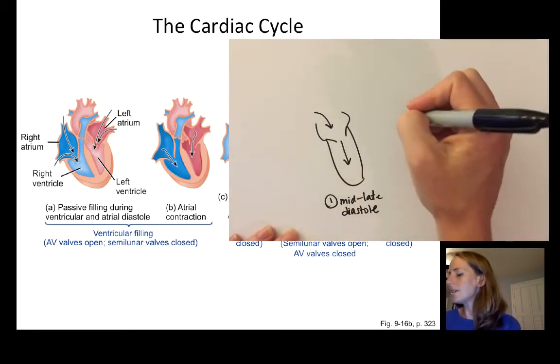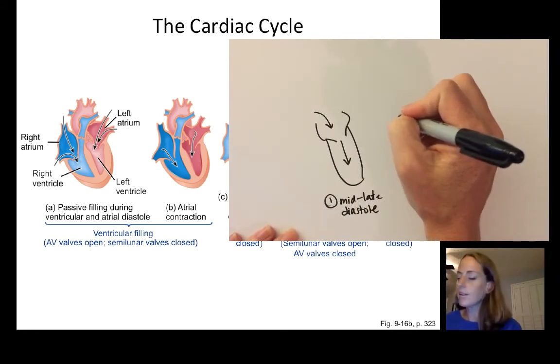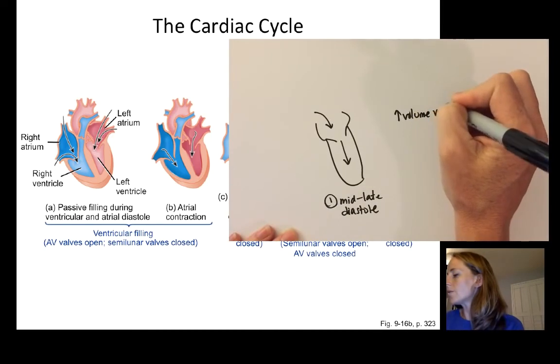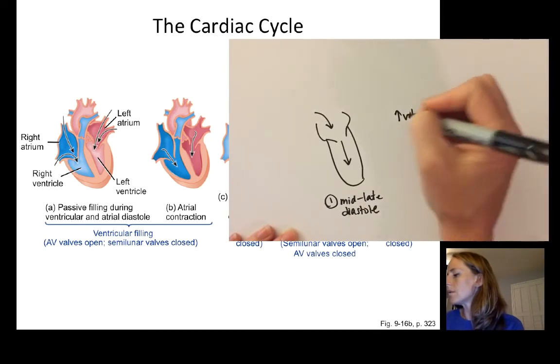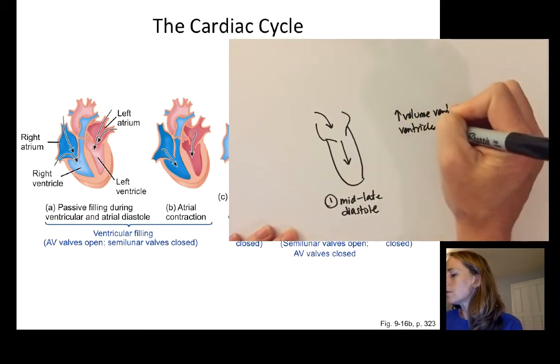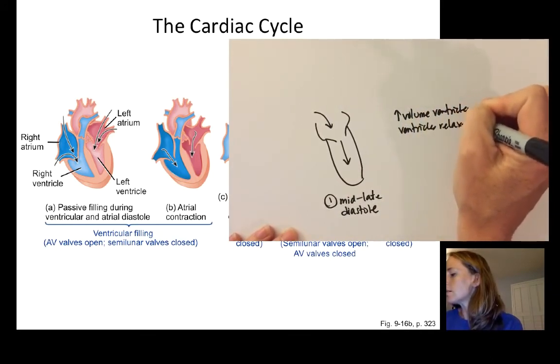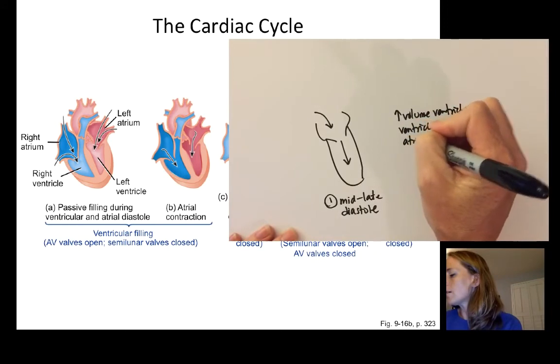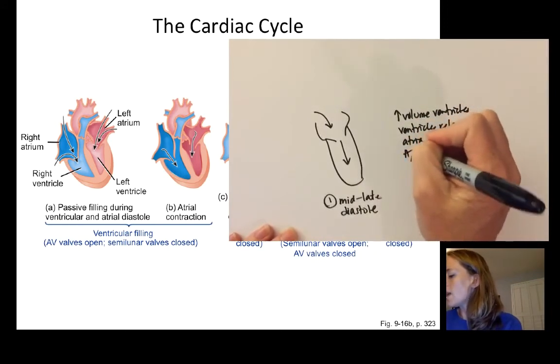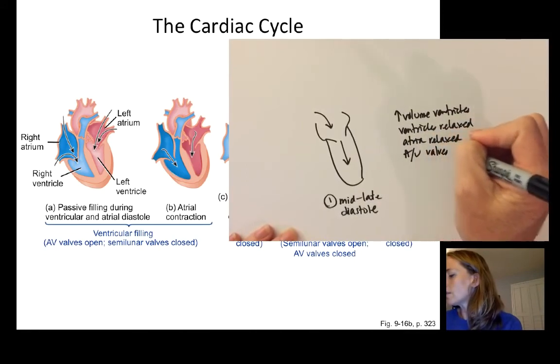In that phase, you're going to have increasing volume of the ventricles. You're going to have ventricles relaxed, atria relaxed, and the AV valves open.